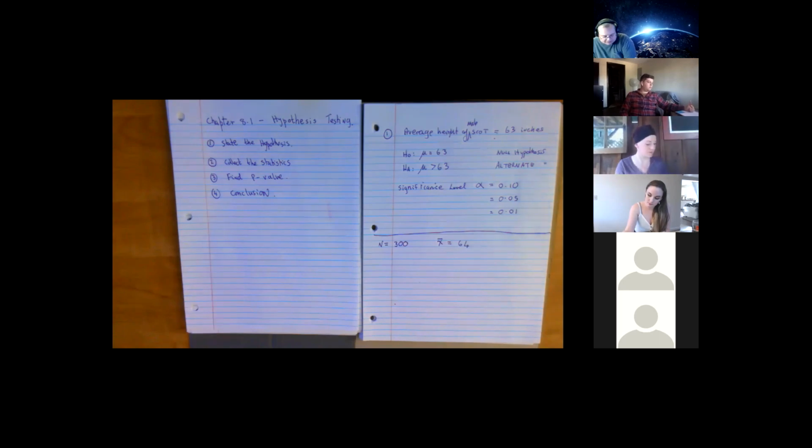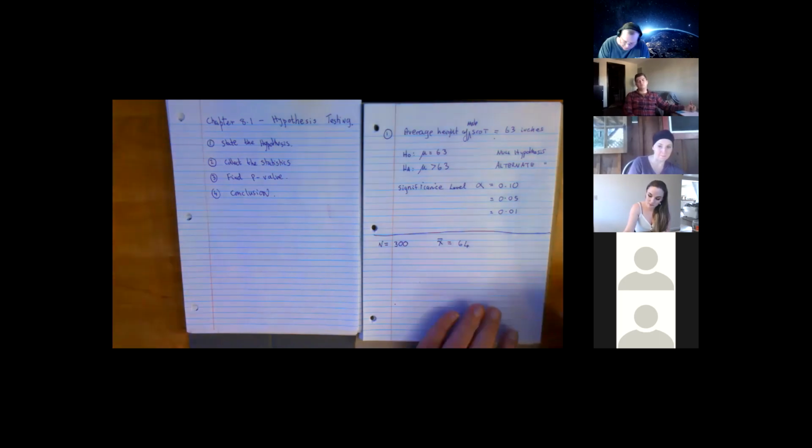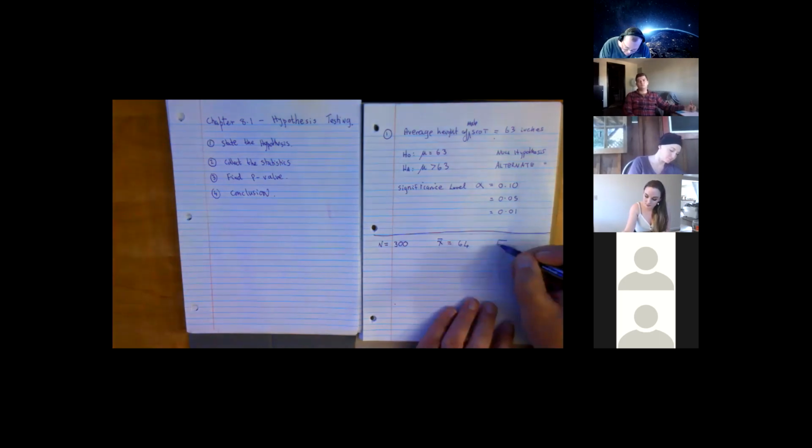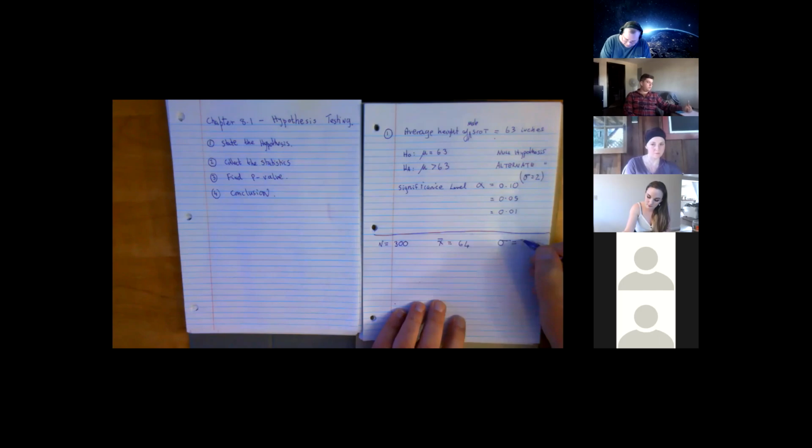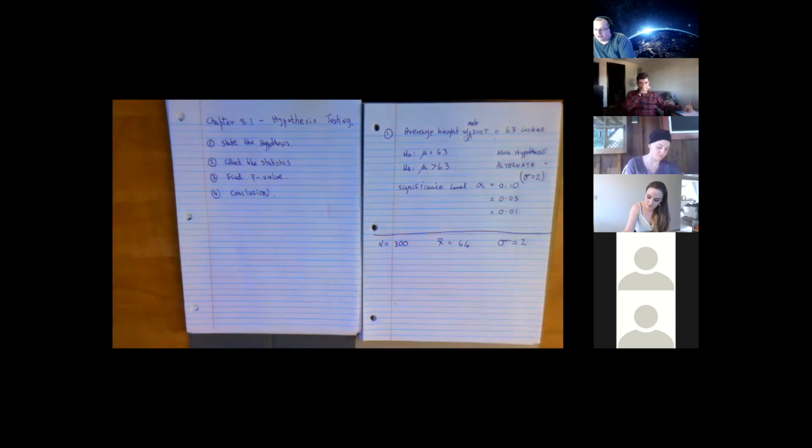And now I'm going to add a little bit that isn't true most of the time, but we'll assume that it is this time: that we know sigma. So it's actually going to be told up here. You'll be told sigma equals something, and in this case, sigma equals 2. It's just a little unlikely, but it is.